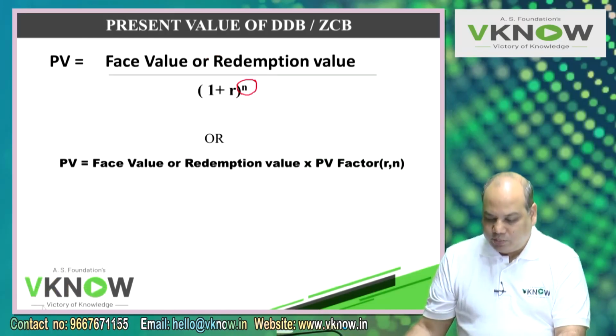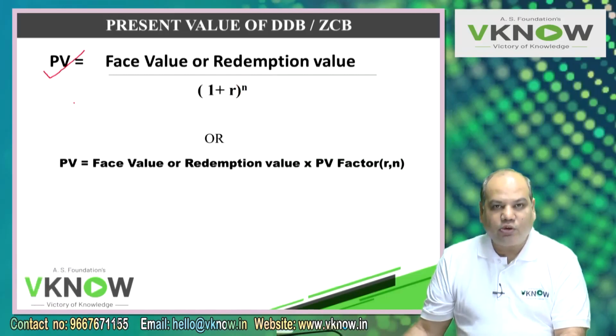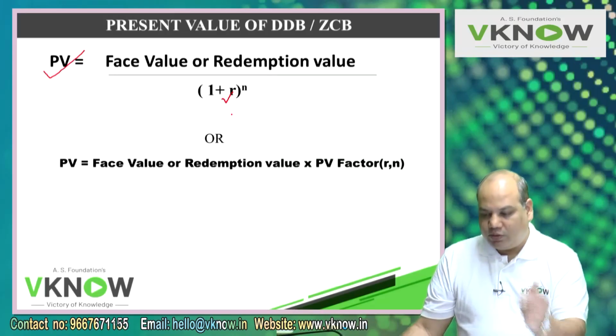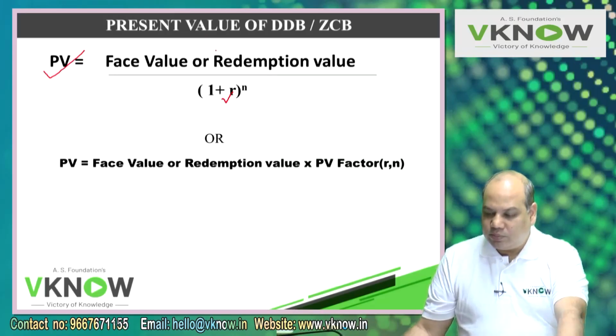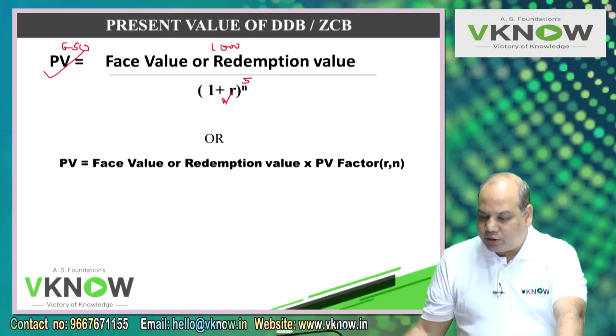But mostly we will be required to calculate three things. Most of the questions will require you to calculate present value. Some questions may require you to find out the rate of discount which is given by the company. So if the company issues face value 1000 issued at 650, say, and the life is 5 years, you have to find out what is the rate of interest they are offering in this case.